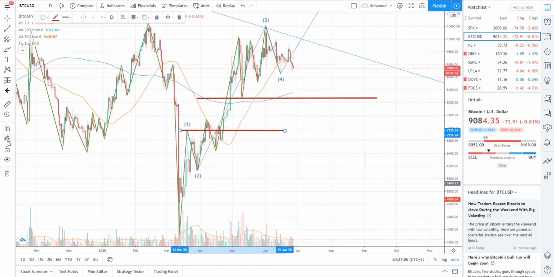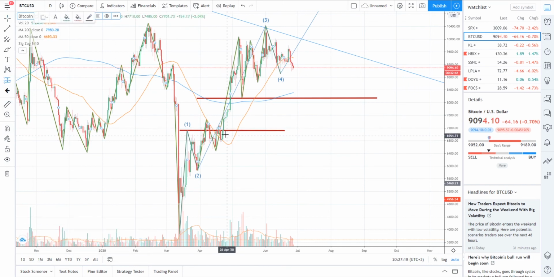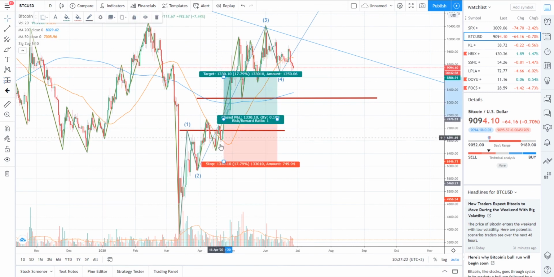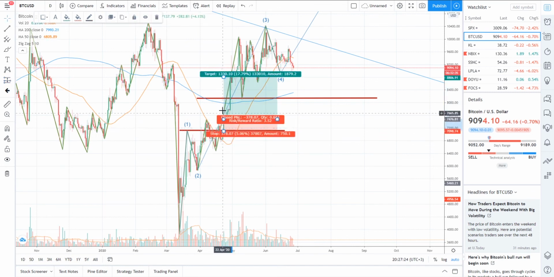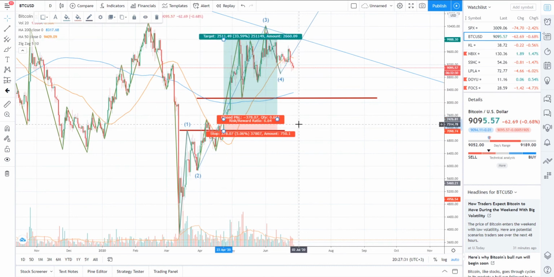And if we add here the price that we actually took, and we put the stop loss on the breakout level, which is this one, you can see that our risk to reward ratio is 1 to 6, which is great.